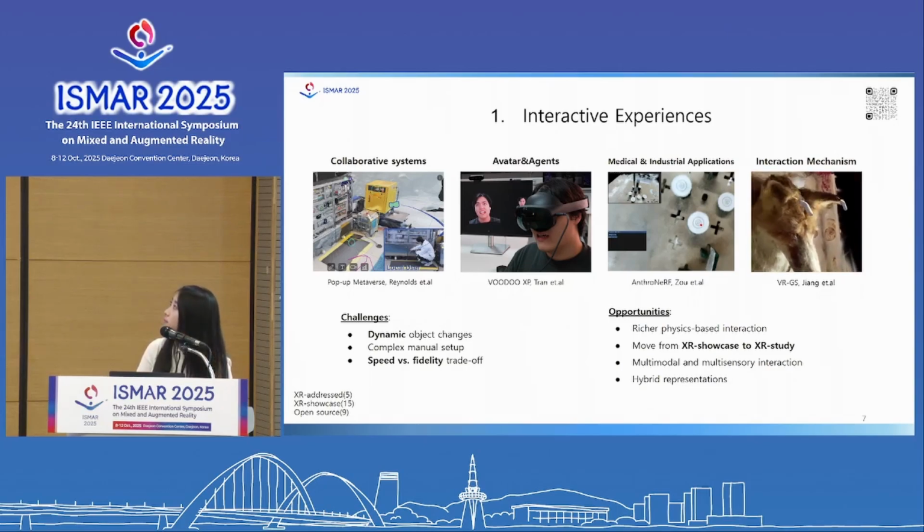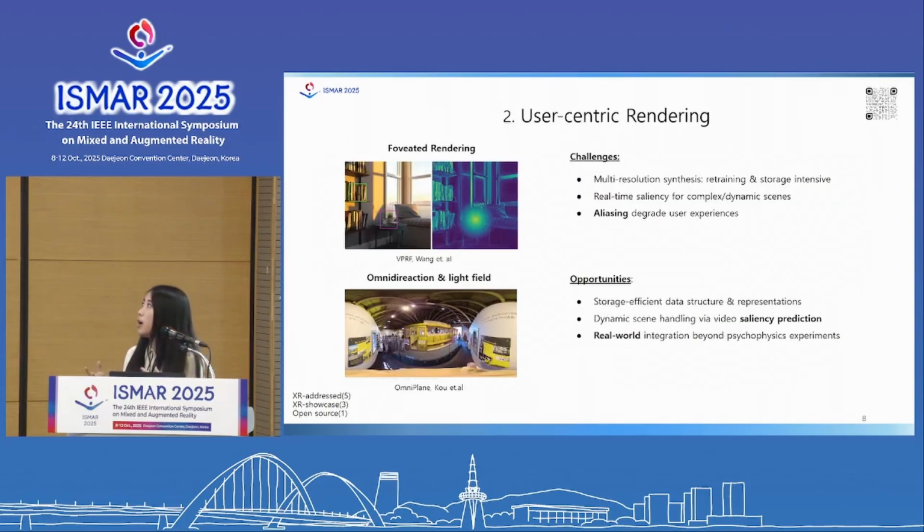So the second key theme is user-centric rendering. This is probably the earliest contribution that the XR community started to make for radiance fields, to improve the accelerated rendering speed in terms of wide field of view, high resolution, high frame rate, and stereoscopic rendering on the XR device.